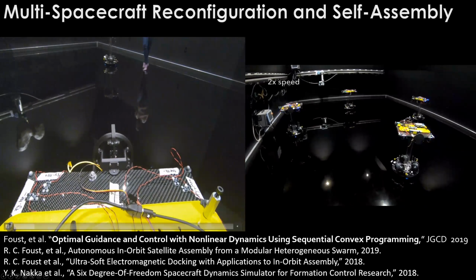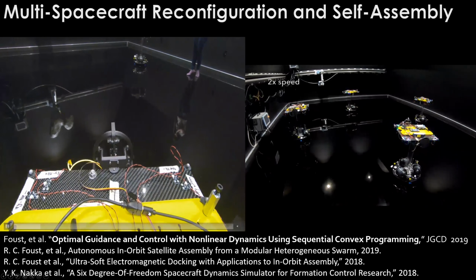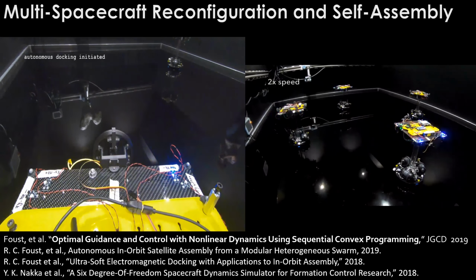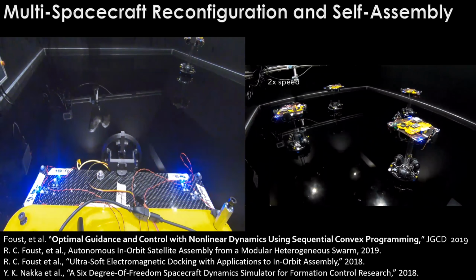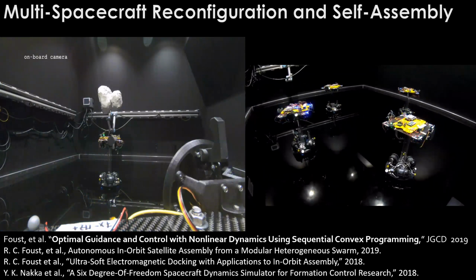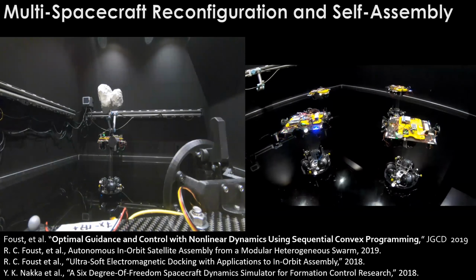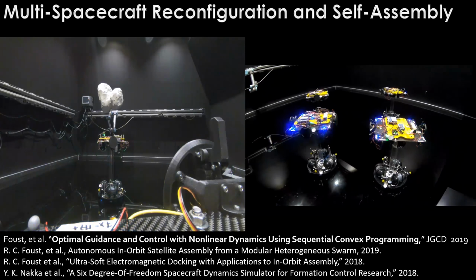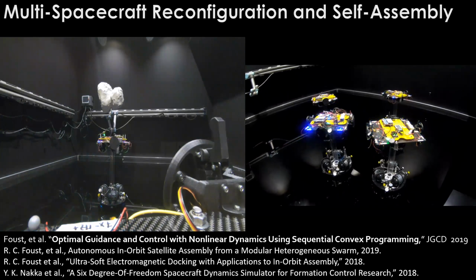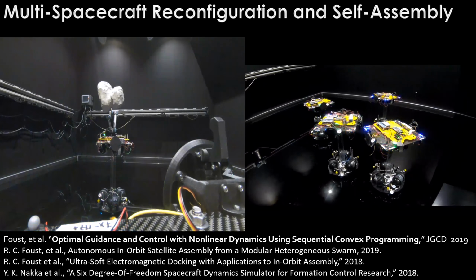So again, this is my spacecraft lab. We have multi-agent systems, and starting from any initial condition, they figure out the best collision-free optimal paths. It's a conventional optimal control problem, but we have a way to solve it using sequential convex programming. But there are multiple variations.